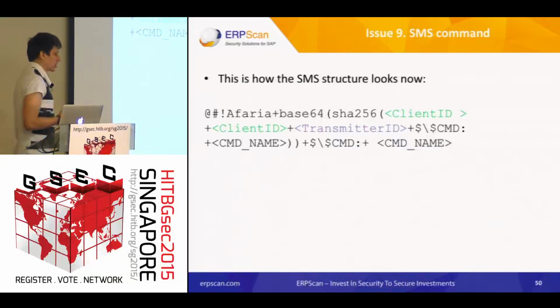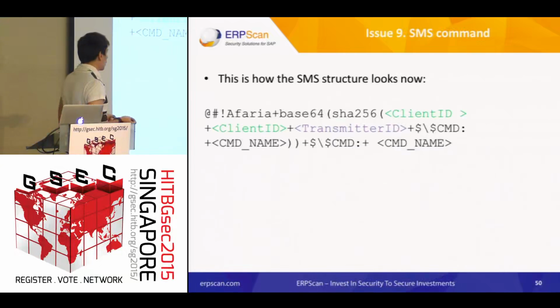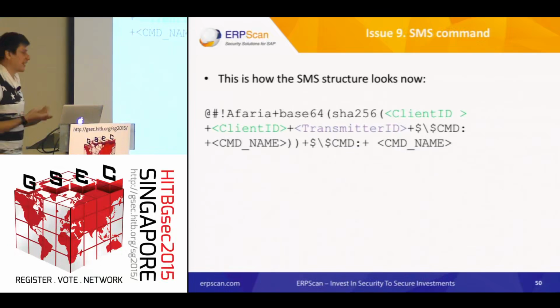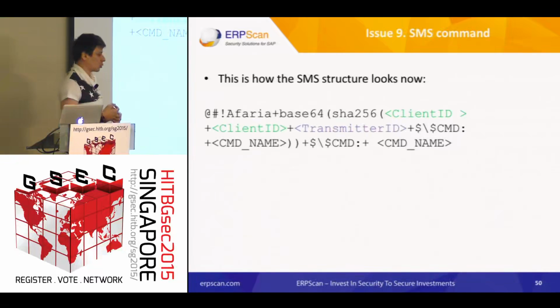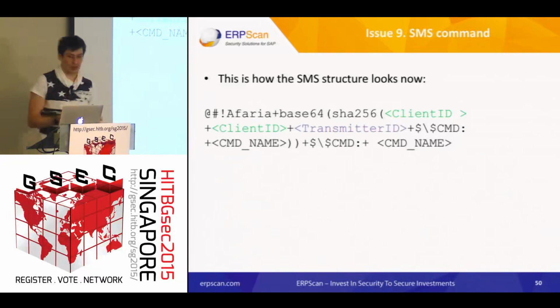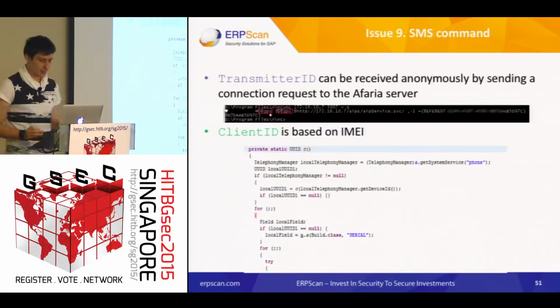So the question is, what about client ID and server ID? Can an attacker get these values without authentication or not, and how does it work?